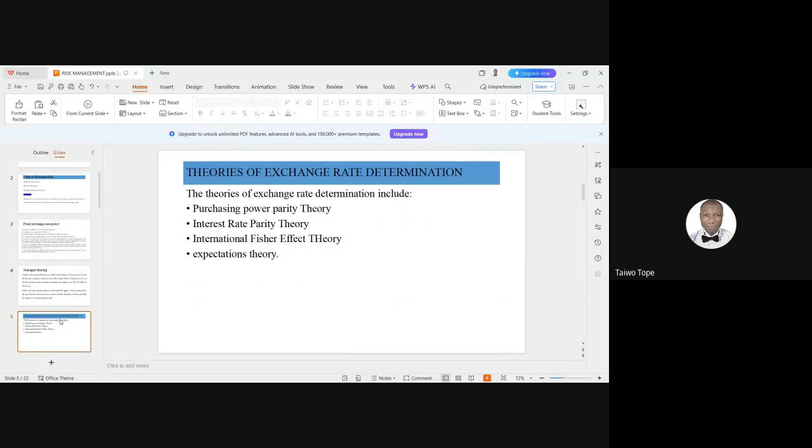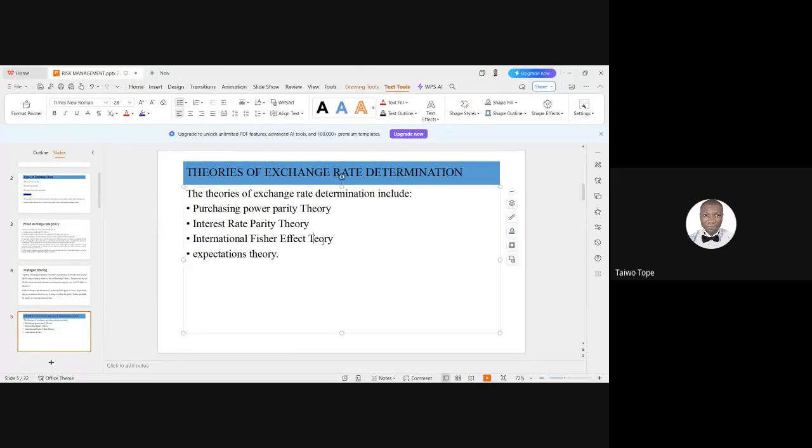Now we have theories of exchange rate determination. The theories of exchange rate determination: we have the purchasing power parity theory, the interest rate parity theory, the international Fisher effect theory, and the expectation theory.